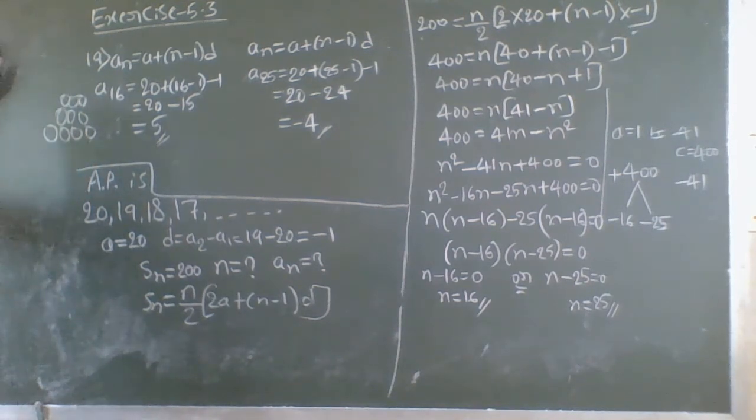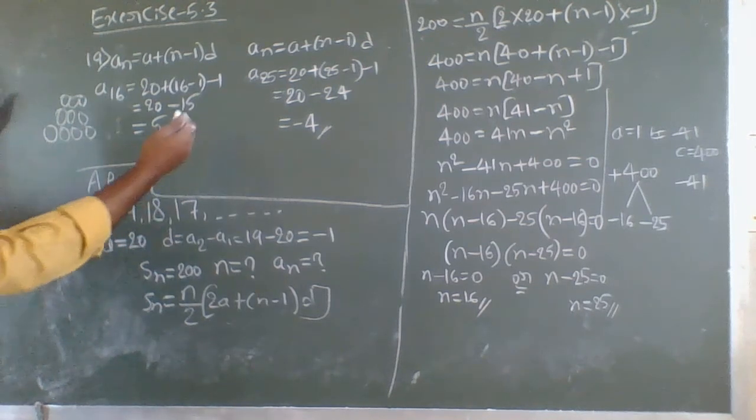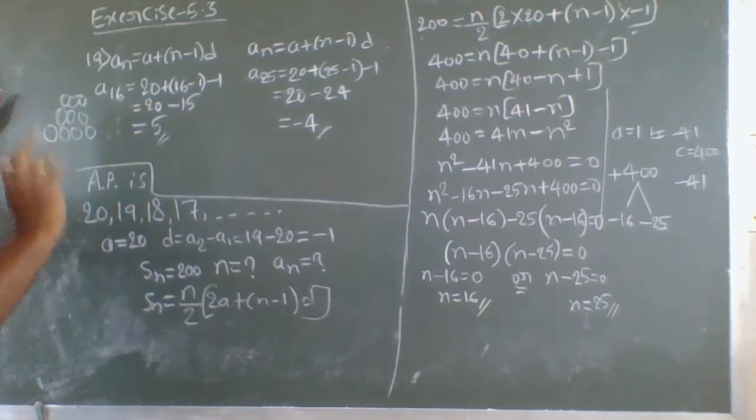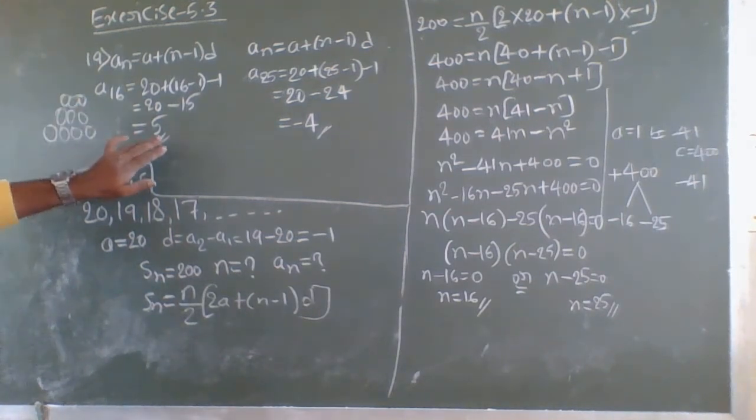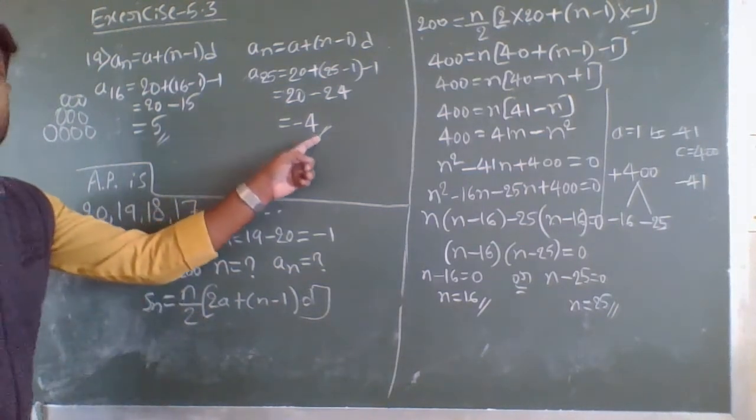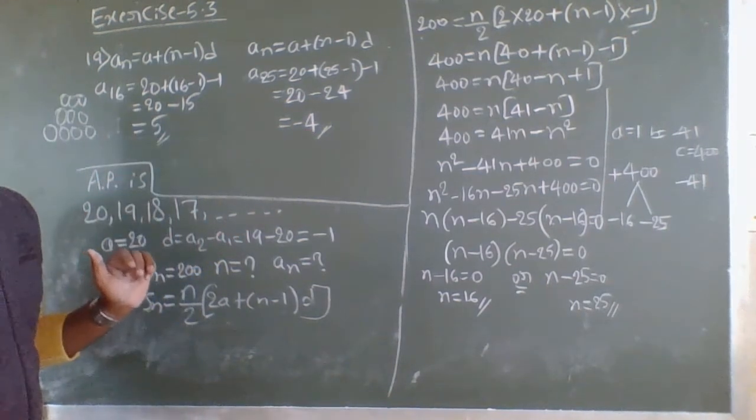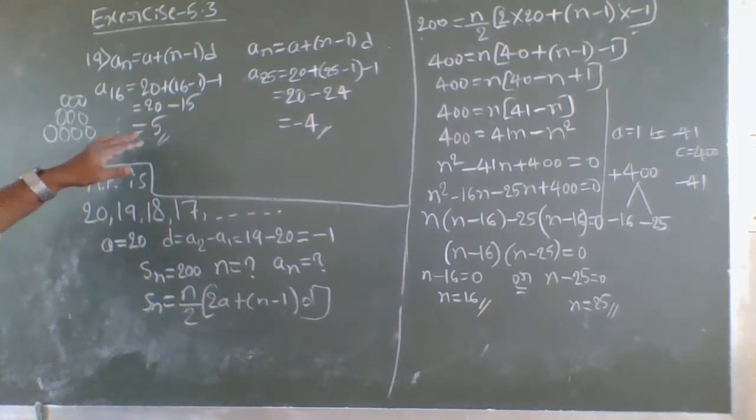We should not get minus values. We should get 0 or 1, 2 or anything. You cannot say there are minus 4 logs on the top row. Therefore, the value is 5.